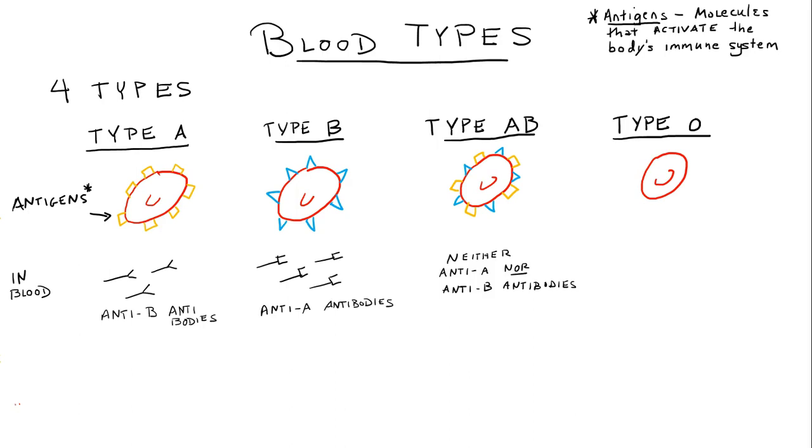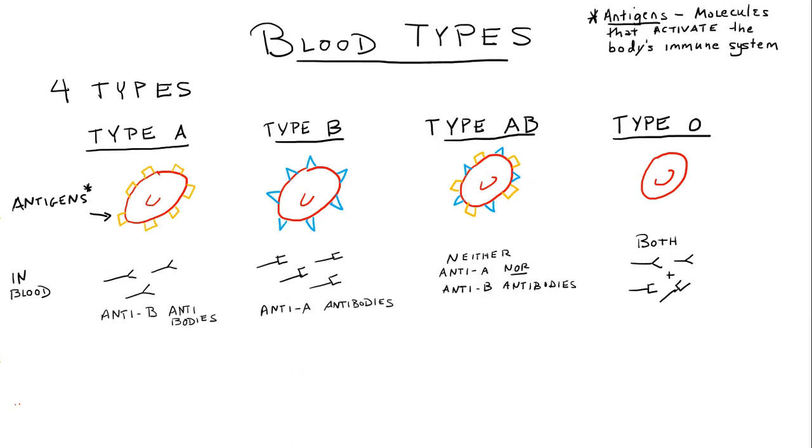The immune system is not going to attack its own molecules. And a person who has type O blood is going to have antibodies against both A antigens and B antigens. So a person with type O blood has anti-A antibodies and anti-B antibodies.